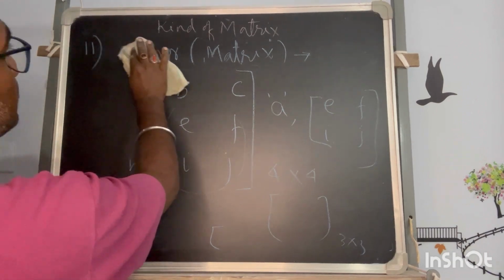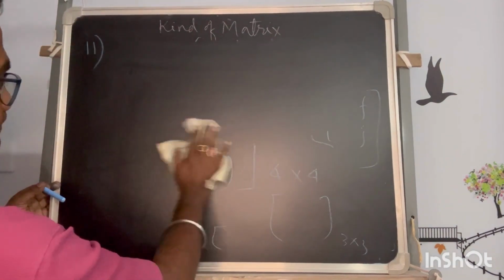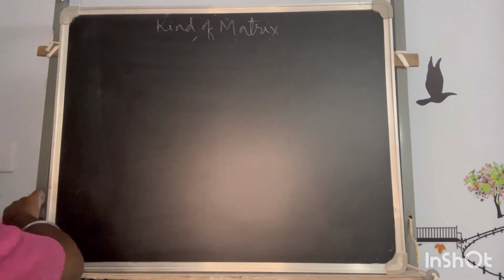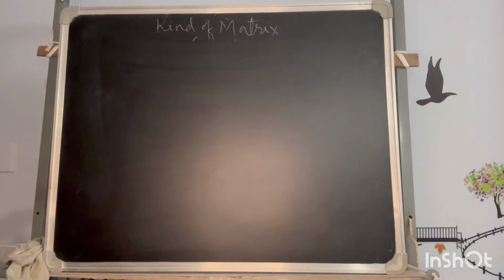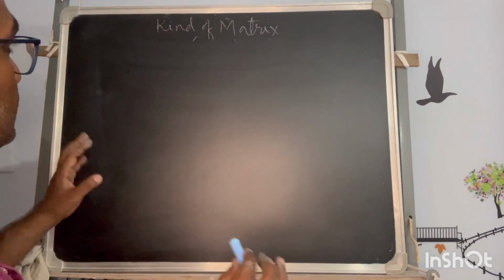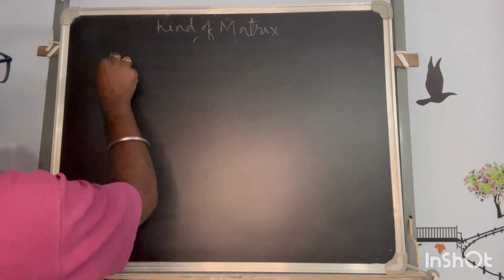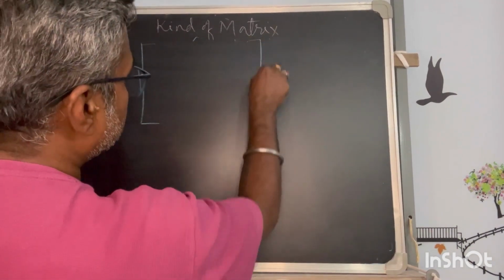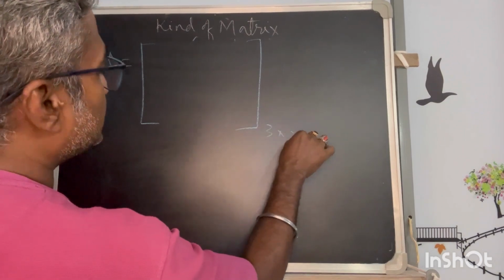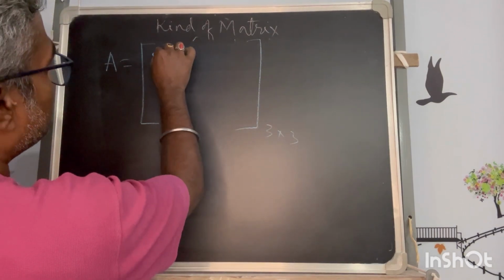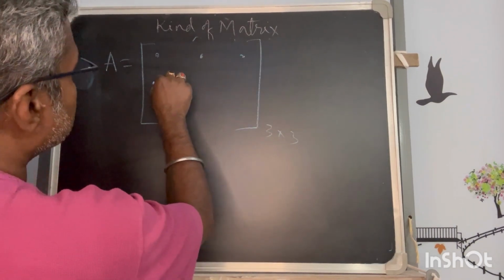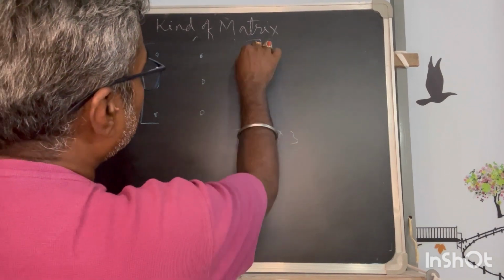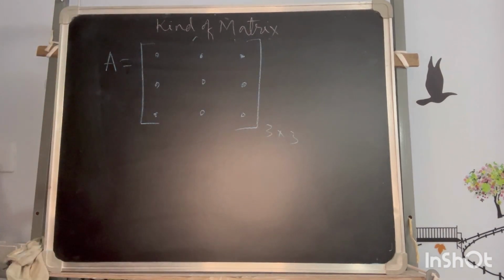And now a few concepts need to be discussed. One of these: if I say a matrix has some order 3 cross 3 and there are elements, these elements carry a specific sign.